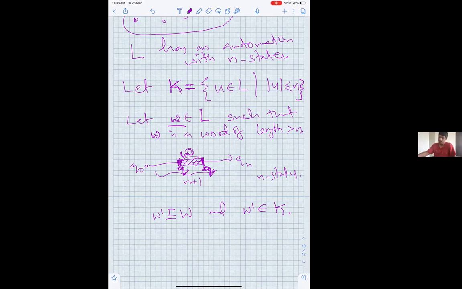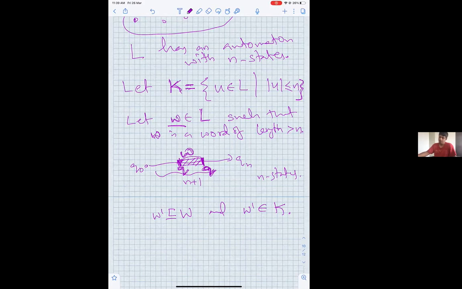Okay, so then you will get a word, and any word of my shuffle ideal L can be seen as a super word of a word from this language K, which is namely all words of length at most n.